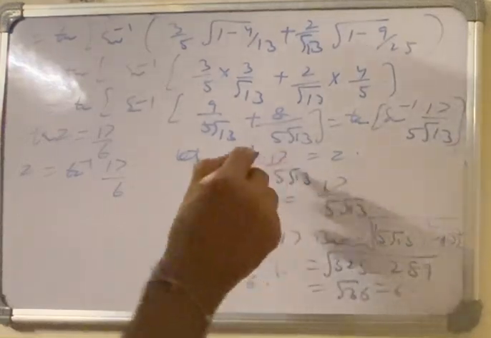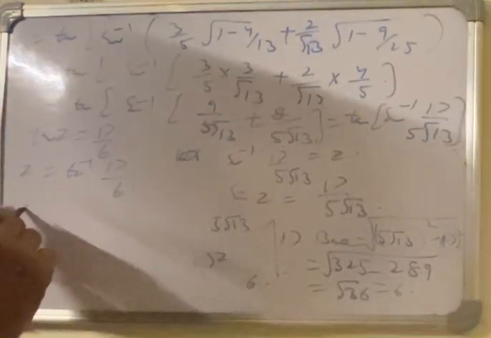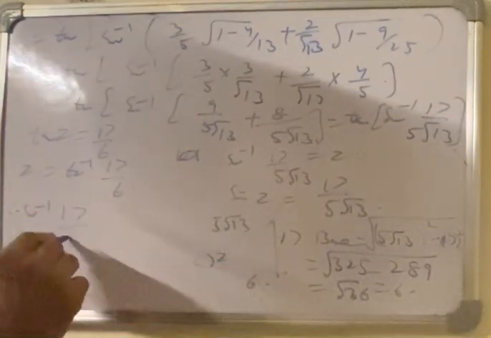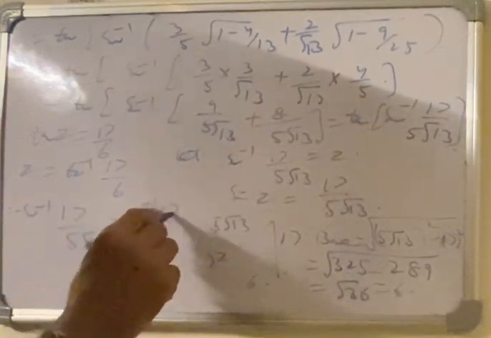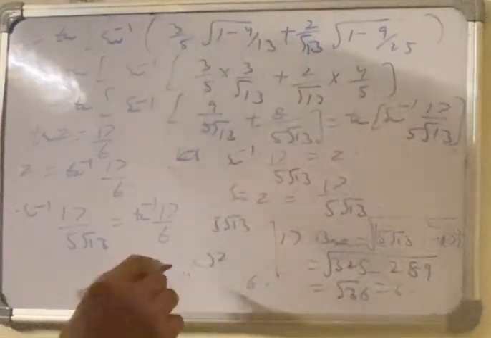And therefore sin inverse 17 over 5 square root 13 is equal to tan inverse 17 over 6.